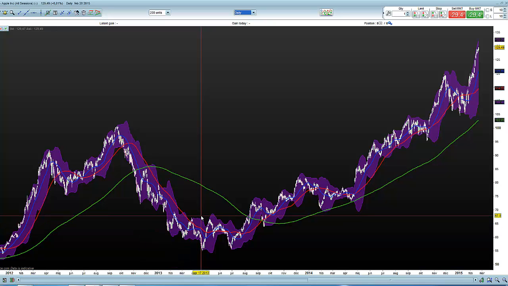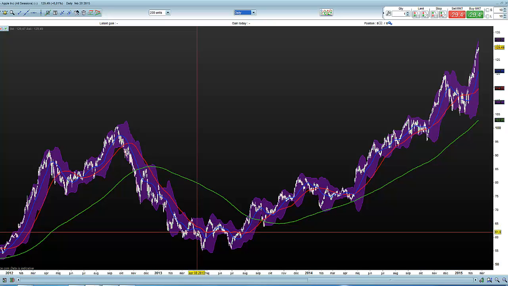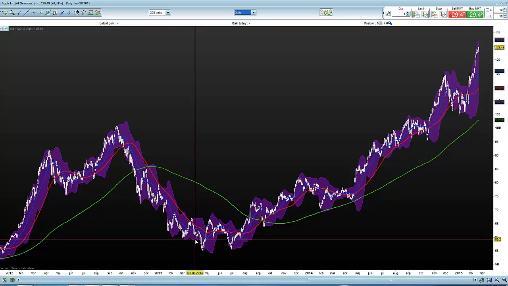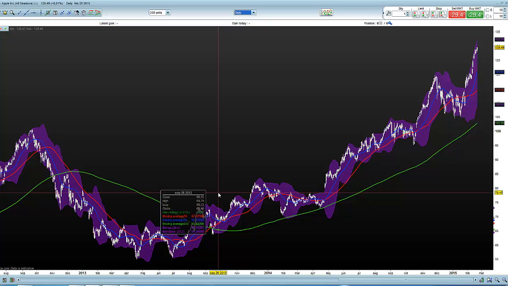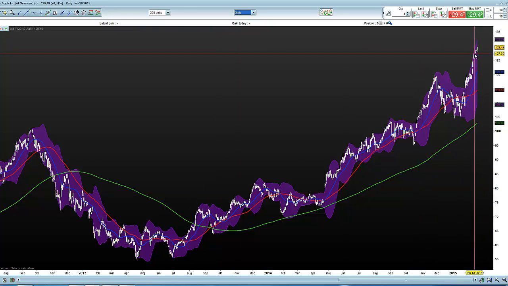So if you just want to look at the chart and see, is this an uptrend or downtrend, just look at the 200 moving average and see, are we trading above it or below it? The 200 moving average is again this green line here. That's just the average of the last 200 candles, on the Apple stock.